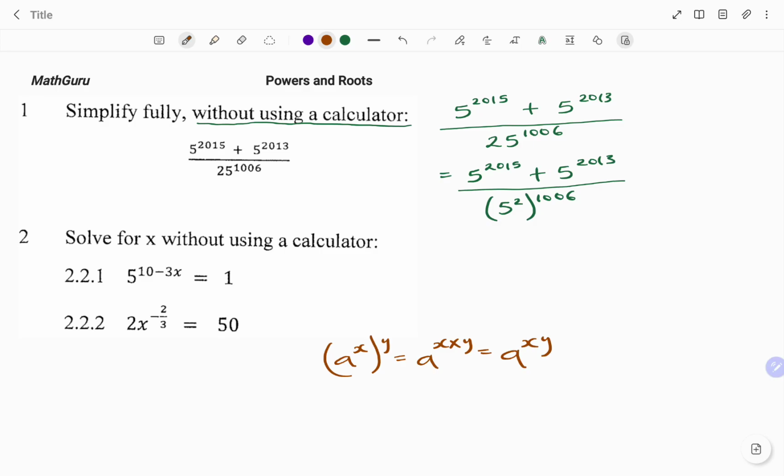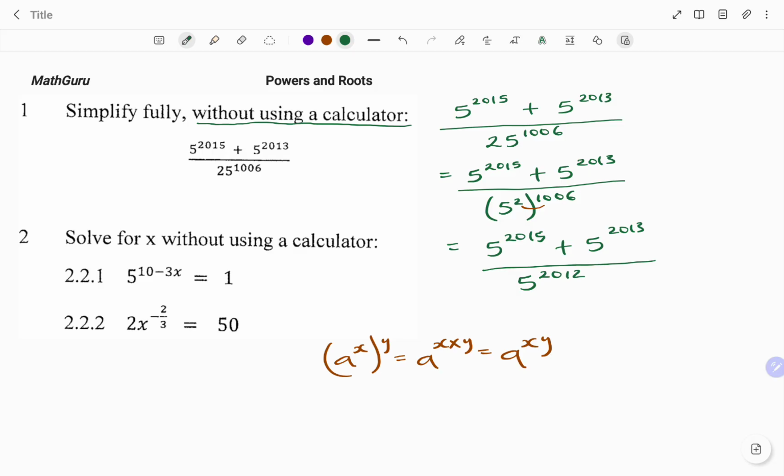So I'm going to do the same for my denominator, and that will become 5 to the power of 2015 plus 5 to the power of 2013, divided by 5 to the power of 2 times 1006. That will be 5 to the power of 2012.